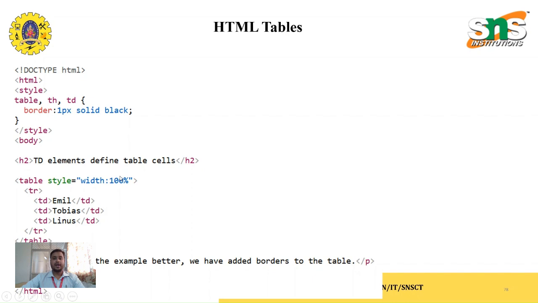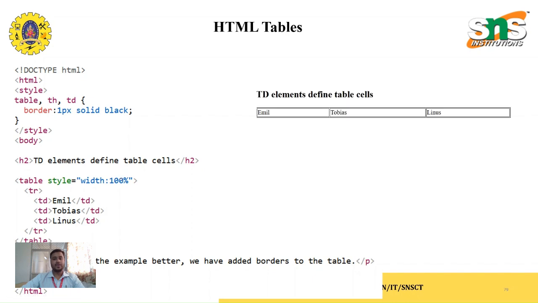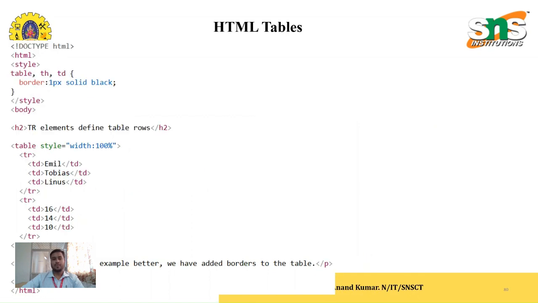So let me give the output for this. Now see, there is only one table row, as I told you. That is one tr tag, the starting point and the ending point. So Emil, Tobias, and Linus will be displayed. So this is a simple table example.